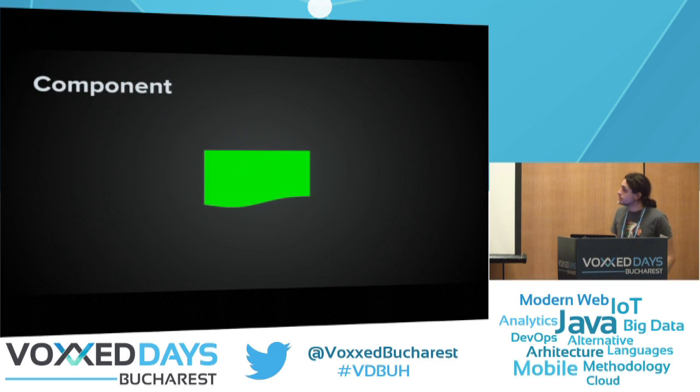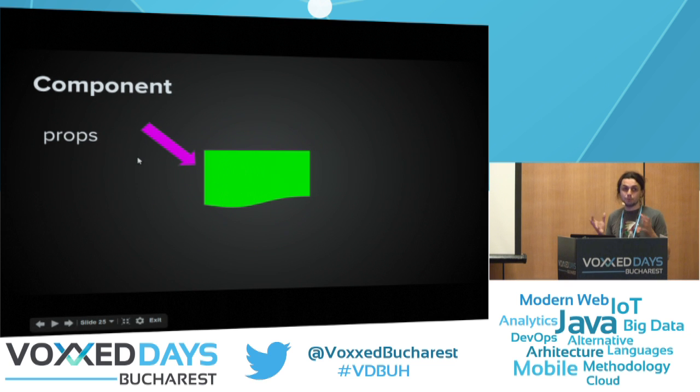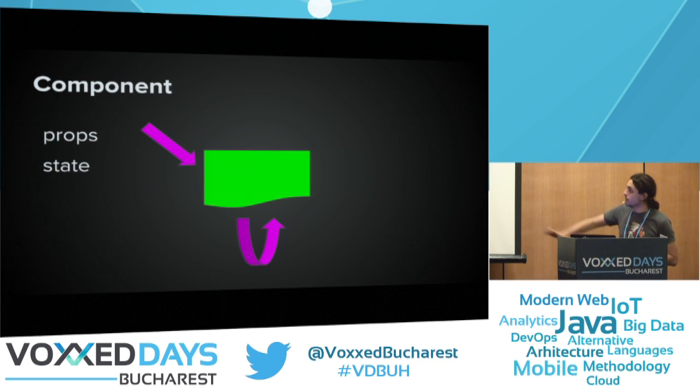So as I said, React is a component framework. And when we develop a component, it receives some immutable properties from the outside. This is important for us. And it has some internal state. And the state is also immutable, or should be. Based on that data, it can render itself to the virtual DOM that will in turn be rendered by React in the browser.